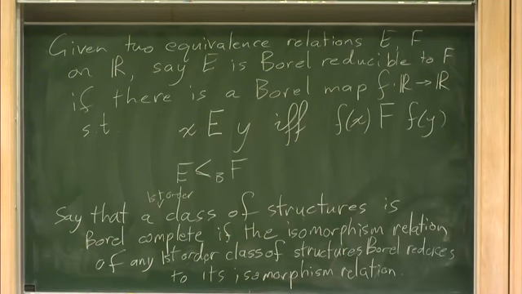Okay, so there are a range of classes of structures that are Borel complete. In the very first paper about this kind of stuff, where the term Borel complete is introduced by Friedman and Stanley, they say that it's essentially folklore that graphs are Borel complete. And also, it doesn't matter what you mean by graphs. It can be symmetric graphs, it can be directed graphs.